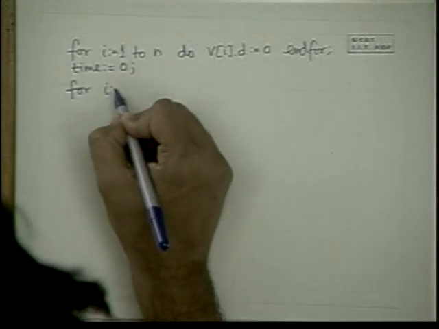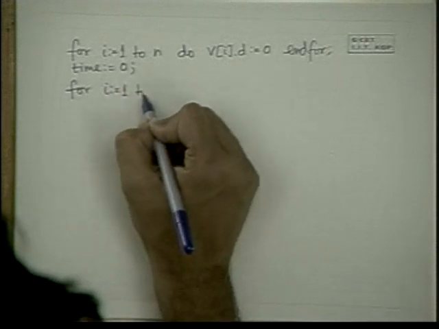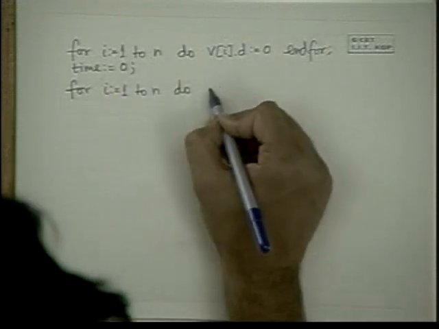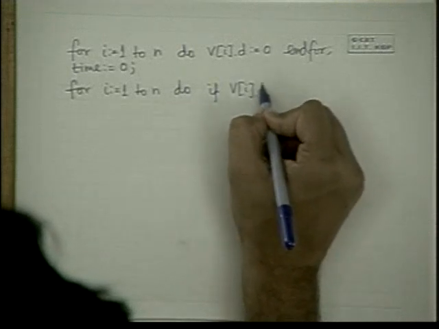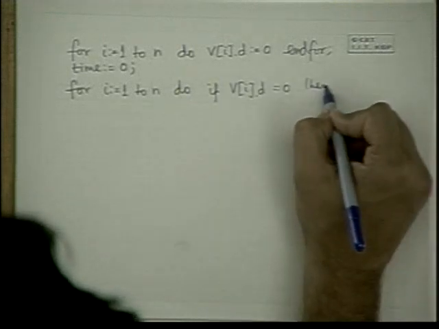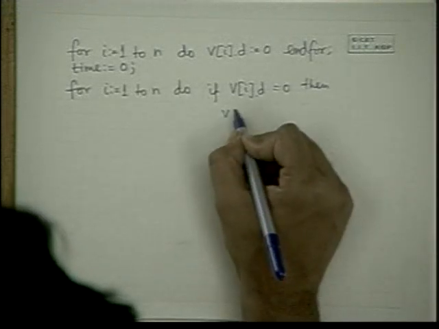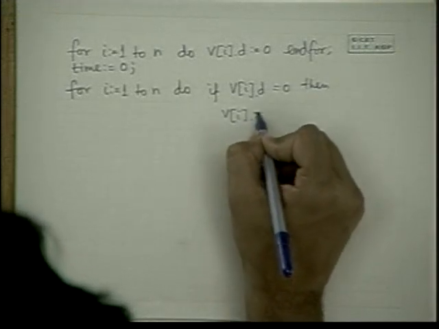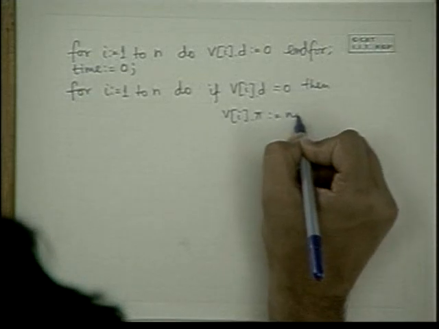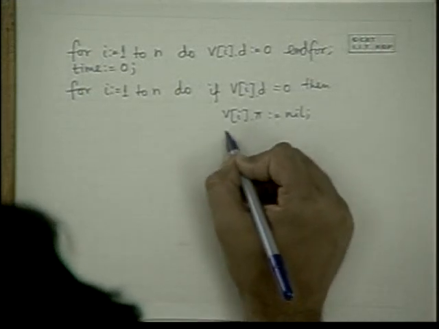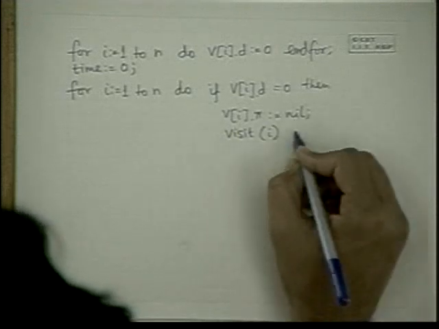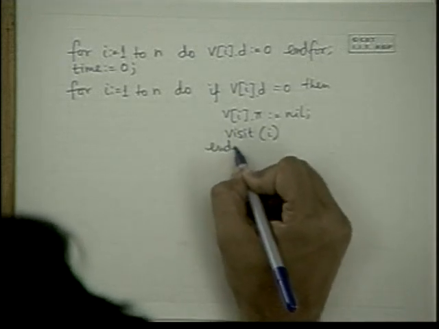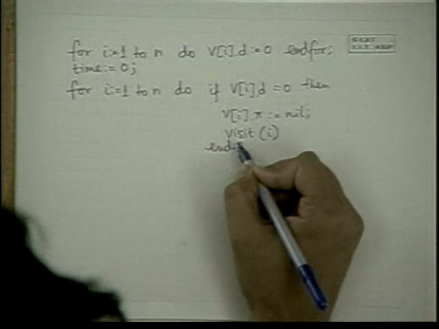For again i equal to 1 to n, do: if vi.d equals 0, then vi.pi equals nil, then visit(i) is called, end if, end for.